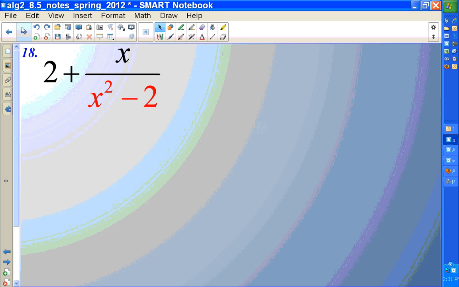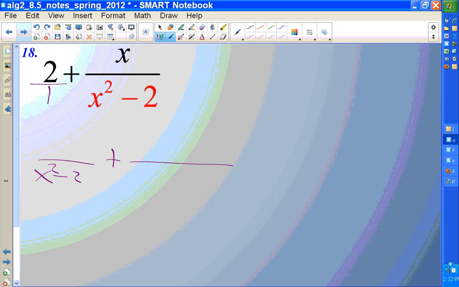Okay. The last one I want to show you, probably, is one where you have a constant or a monomial not in a fraction form, and then a fraction. When that happens, you want to treat that as over 1. And then continue with the same idea. This is not factorable. X squared minus 2 is not factorable. So my LCD is simply x squared minus 2.